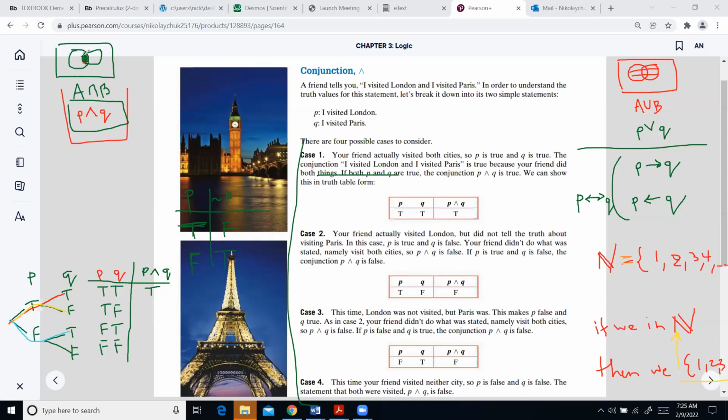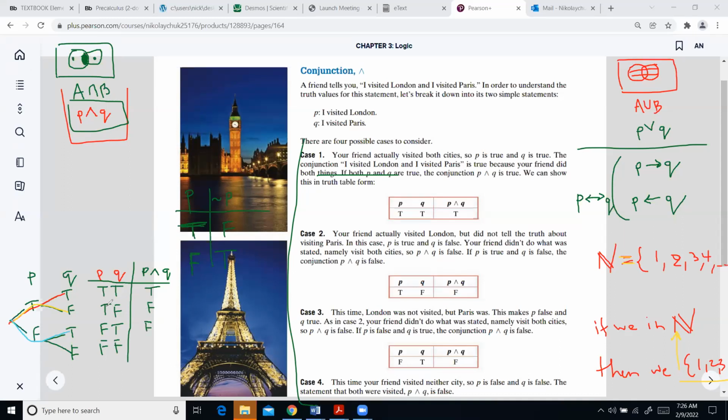If you're in both, in their intersection, then you can say that yes, I am in the intersection. And if you're not in both sets at the same time, so you may be here, then you're not in the intersection. So it's false for the intersection. Or if you're here, you're not in the intersection either. So it's false for the intersection.